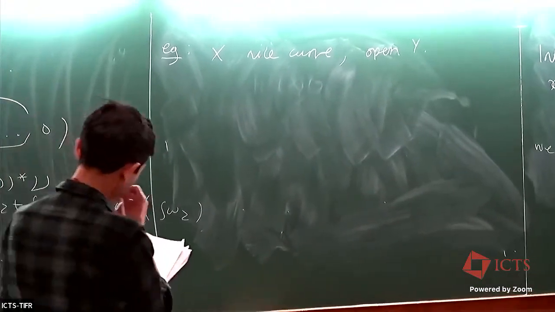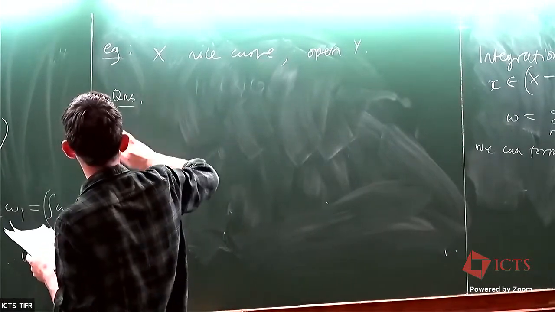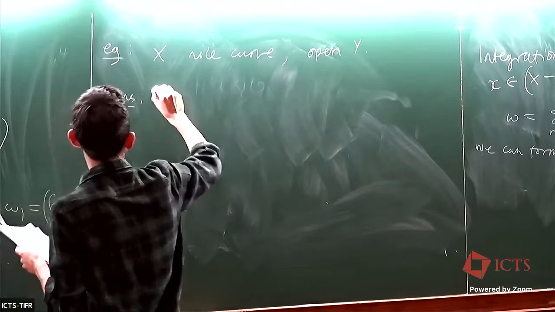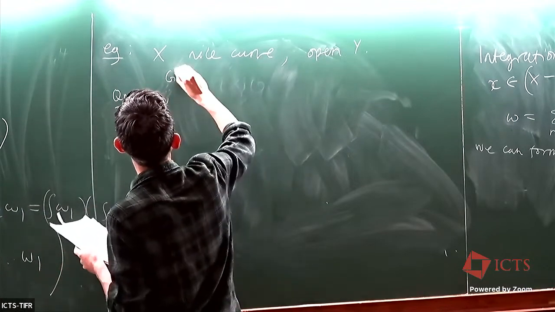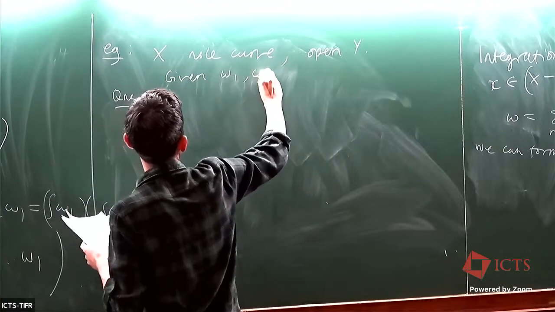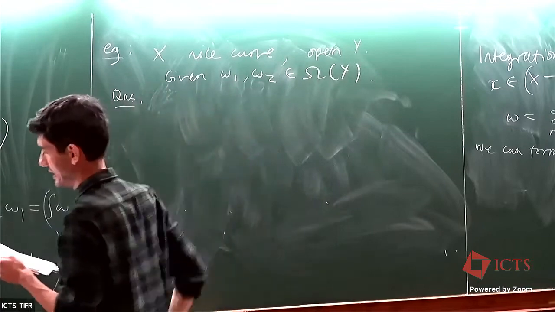So let's say we've got some nice curve in an open Y, and I want to ask two questions. The first question: let's say we're given omega 1, omega 2 in here.